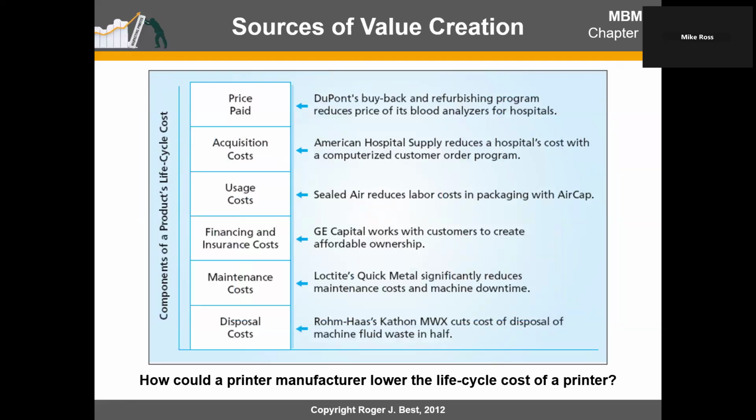Here's another example. Here we're talking about a printer manufacturer. So we've got lowering the total life cycle cost of a printer. I've got the acquisition price paid. I've got usage costs. I've got financing costs. I've got maintenance costs and disposal costs.